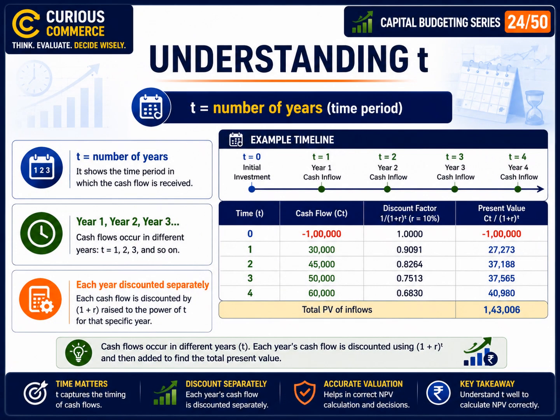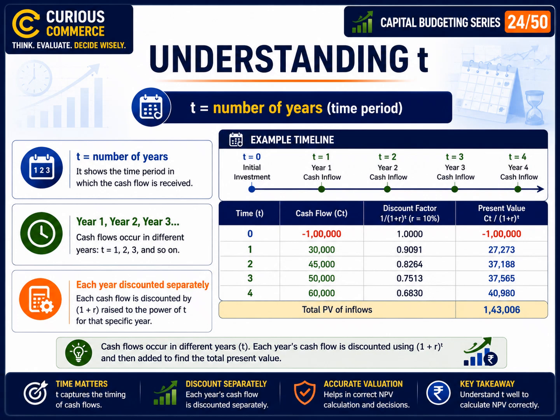Now let us understand T. T represents time period. For example, the first year's T is 1, the second year's T is 2, the third year's T is 3. As time increases, the discount effect becomes stronger. This is very logical.